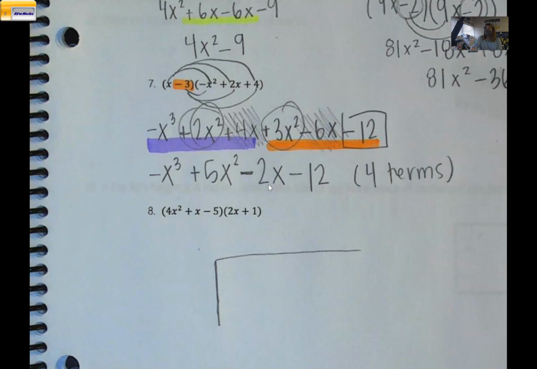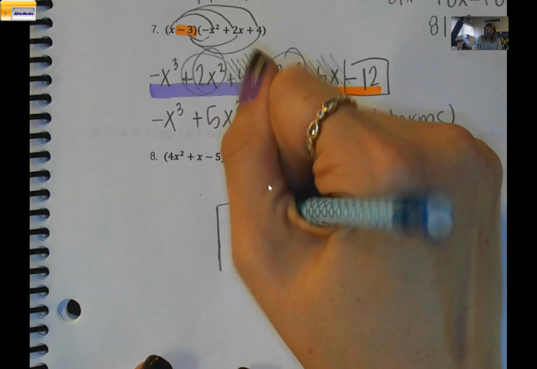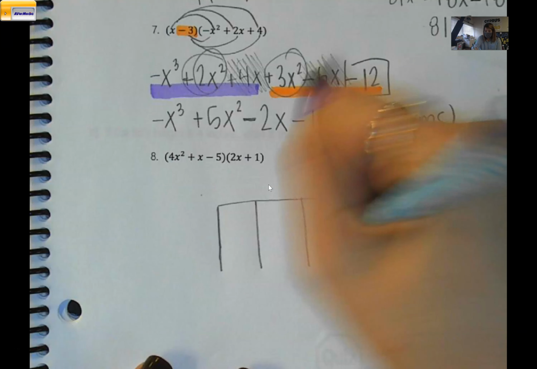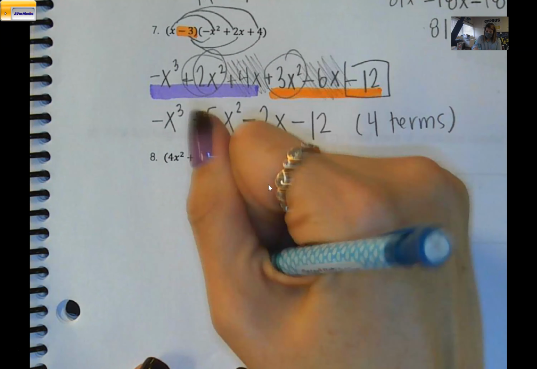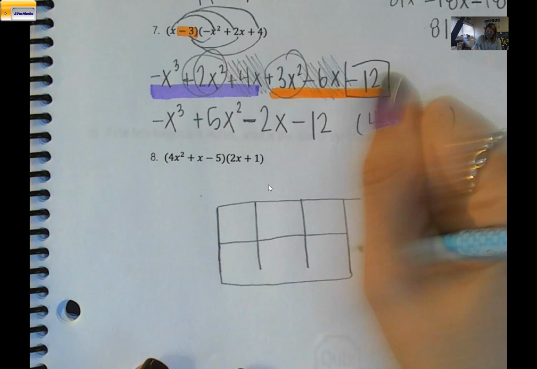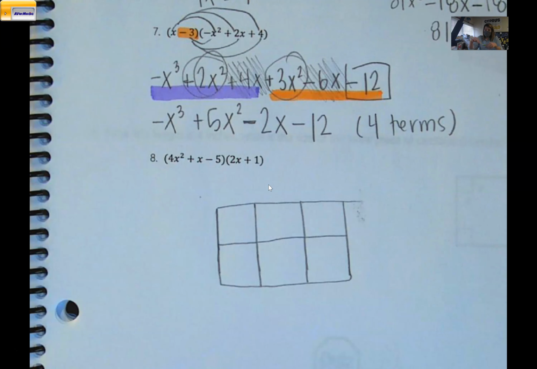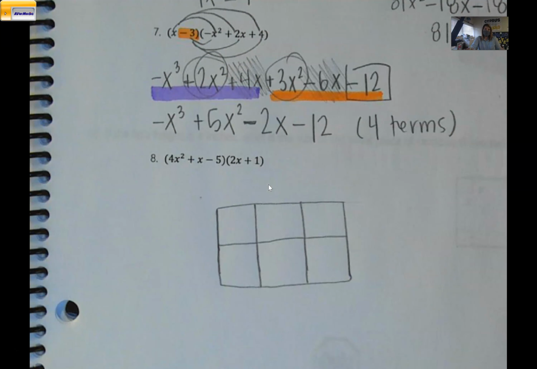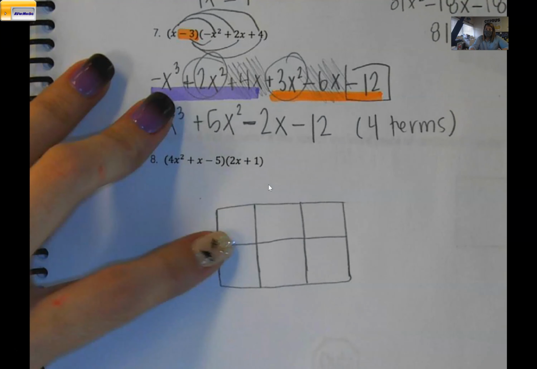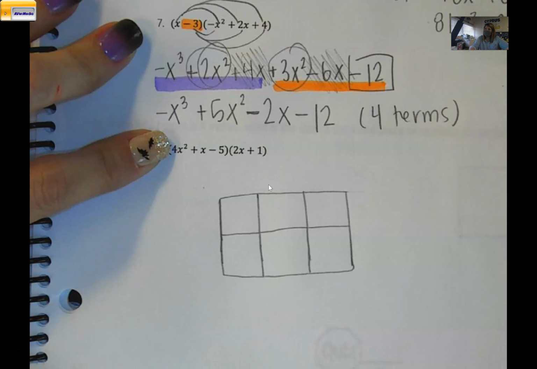Okay, so you're going to make a rectangle with 3 columns and 2 rows. And that's going to match up with the things you're multiplying together. So on top of the columns, I'm going to write these terms.